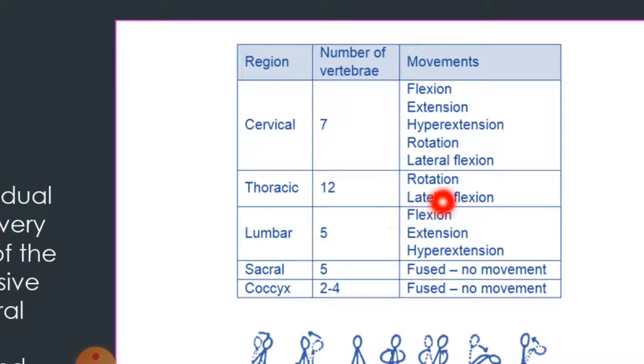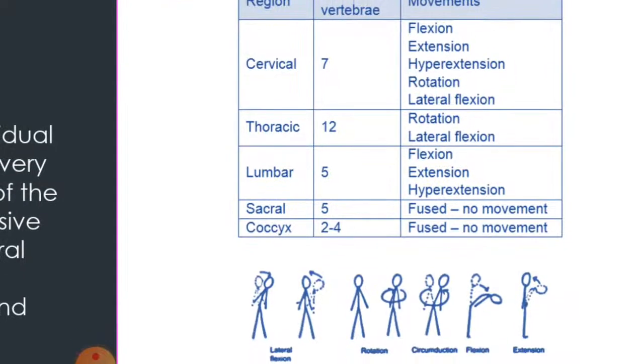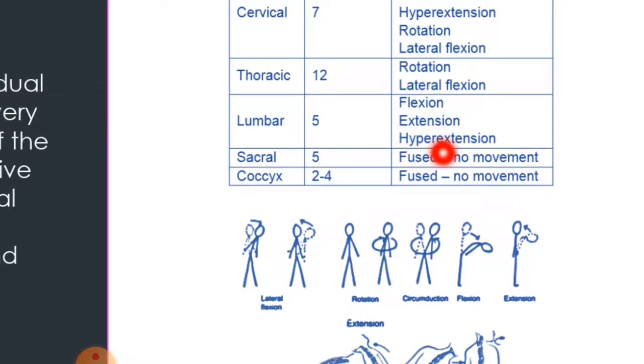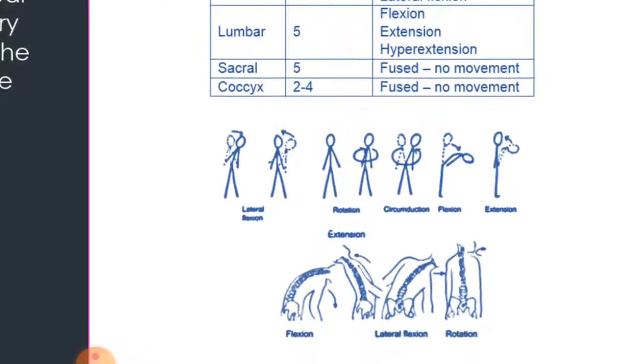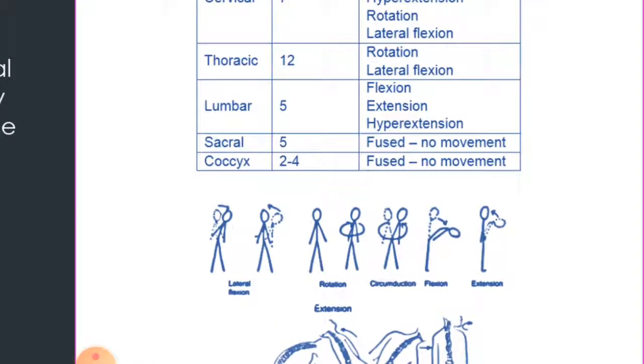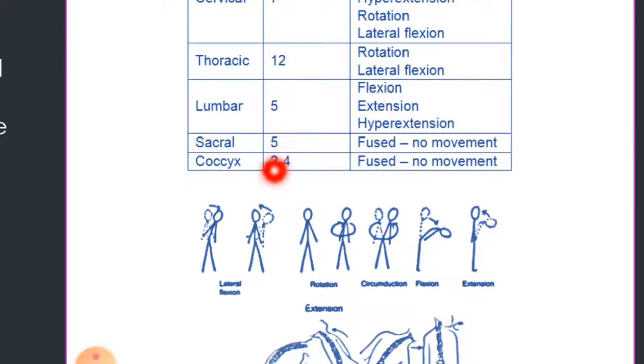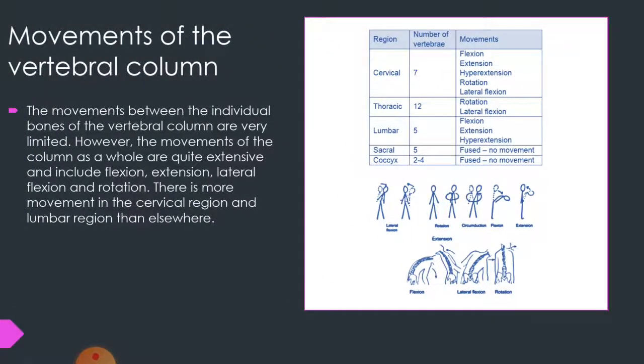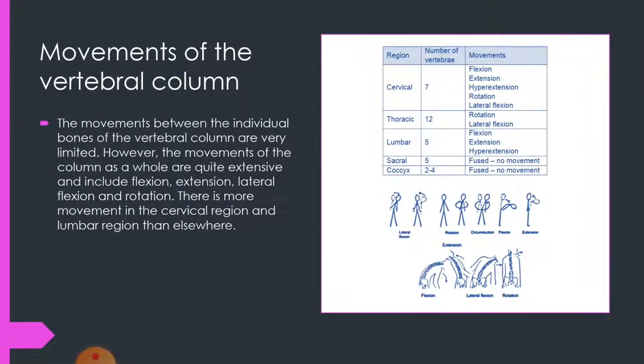At the thoracic region, two movements are possible, the rotation and the lateral flexion. At the lumbar region, flexion, extension and hyperextension is possible, and there will be no movement at the sacral and the coccyx joint. So these are all the movements that are possible at the vertebral column.